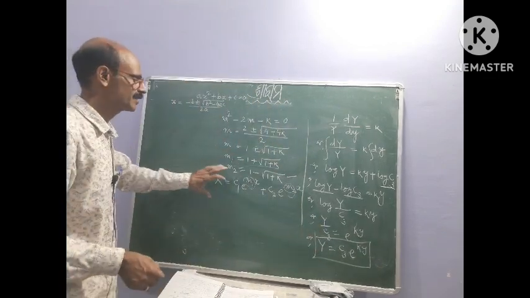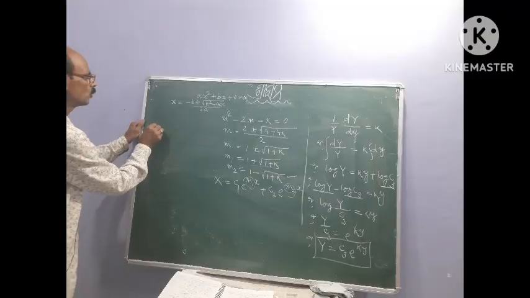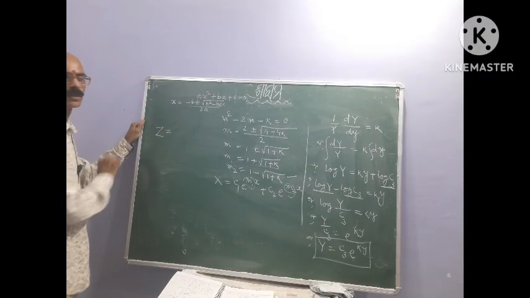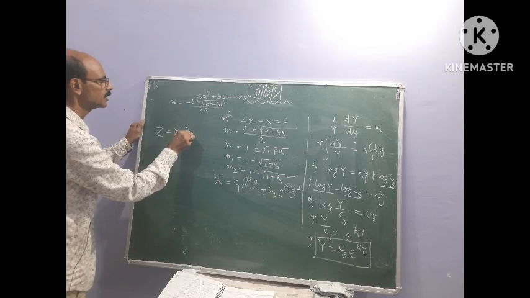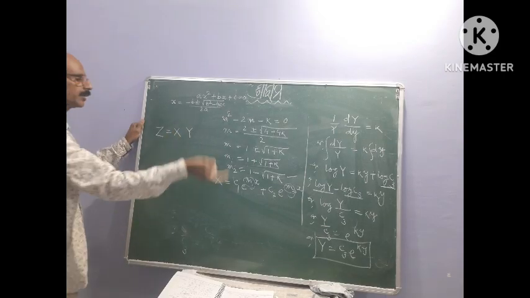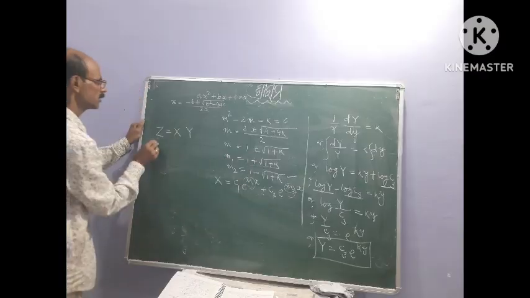So we got X in terms of small x, capital Y in terms of small y. Now the solution of the given partial differential equation will be z is equal to XY. Put it in equation 1. So in place of X this, in place of Y this.